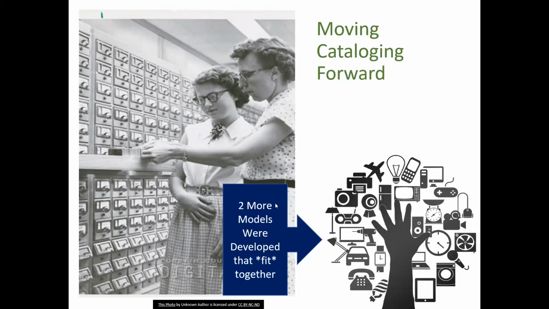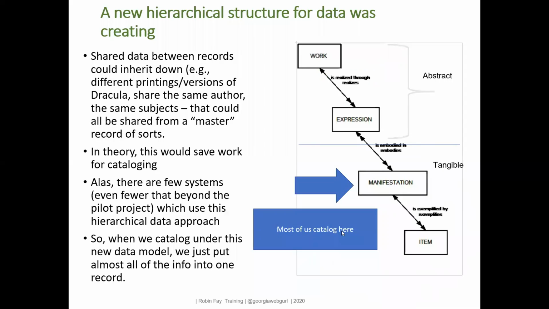We didn't quite foresee exactly how user-centered it was going to be and how everything would work together. We just kind of missed that part of it a little bit. So one of the things that came out of all these discussions is that we could actually create records in a different way, rather than creating one record to describe our resource.